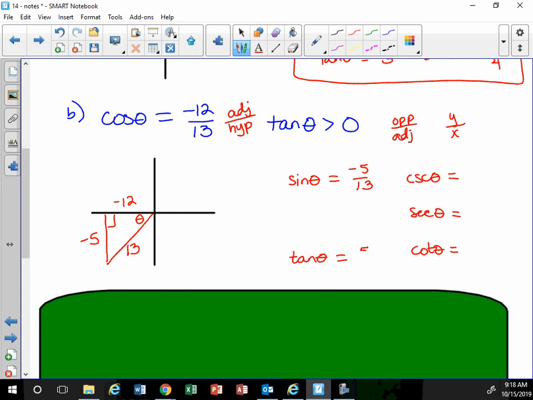It ends up being +5/12, right? So that's a good way to check. The problem told me that tangent needed to be greater than 0. Okay, 5/12 is greater than 0. Then we're just flipping for our remaining values here, so I'll get -13/5, -13/12, and 12/5.